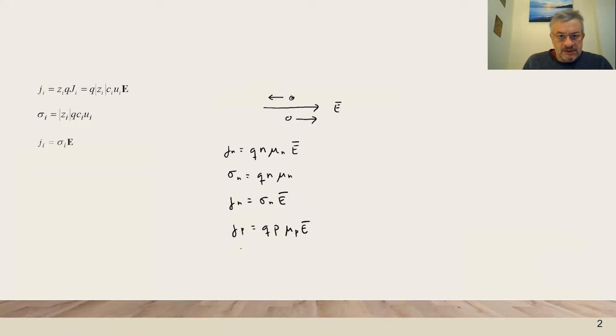And also the conductivity is the hole density and the hole mobility. Note that the current goes in the same direction, so that for both electrons and holes we have the current in the direction of the electrical field.